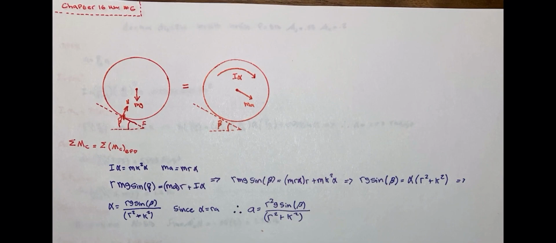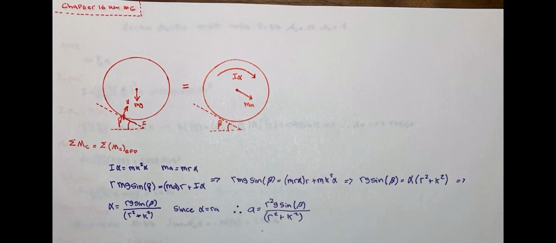And using the equated forces, which is r m g sine of beta is equal to ma times r plus I alpha, and combining all three of those equations, we can solve for our alpha.